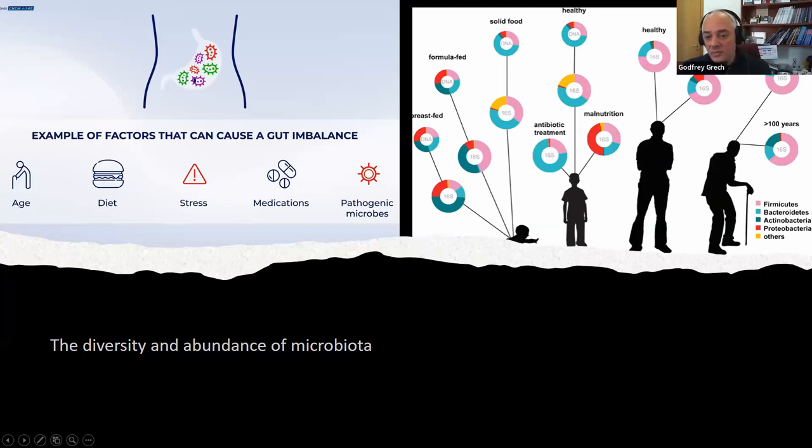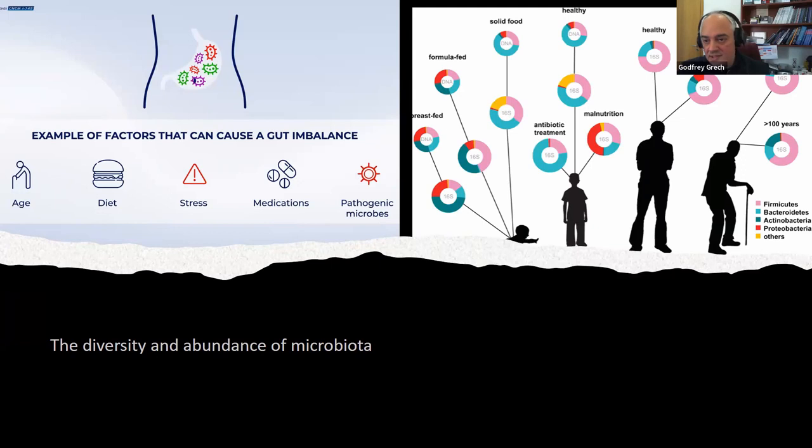So if we start comparing individuals from these abundances and diversity, we will have an understanding of the condition in terms of the balance in gut microbiota, and also relate that to specific symptoms or diseases.